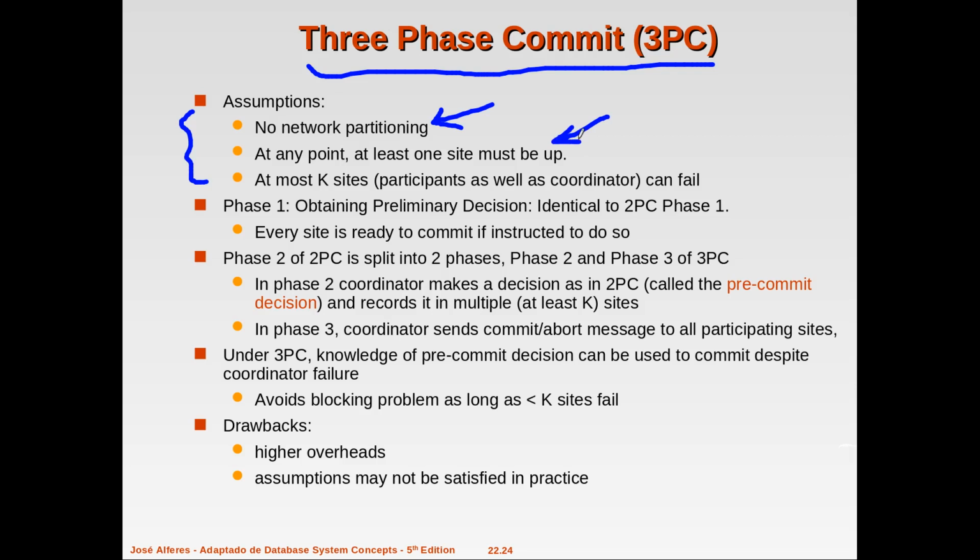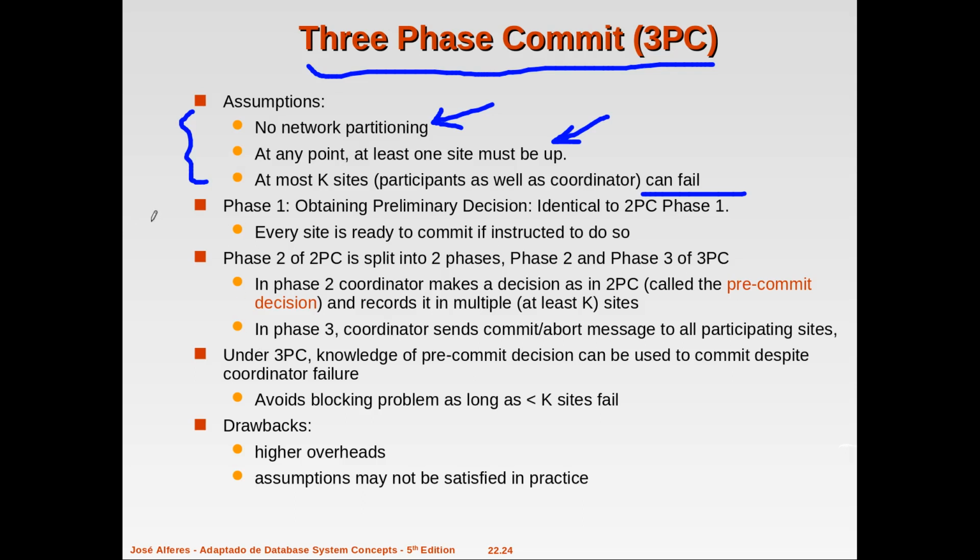And at most k sites, that means a maximum of k number of sites, can fail. So at least one must be up, and above that, any number may or may not fail. Participants or the coordinator, whichever it may be, can have a failure also. So we are taking these three assumptions here.